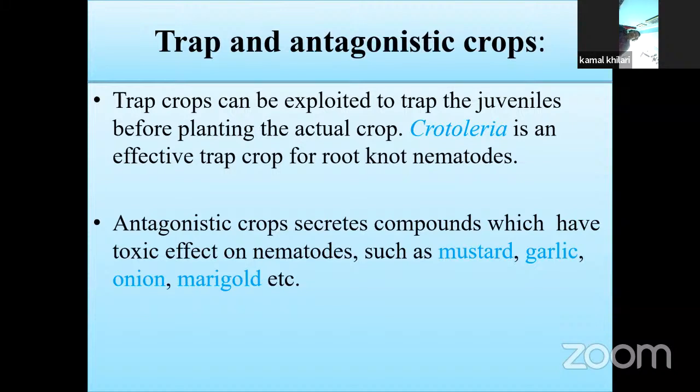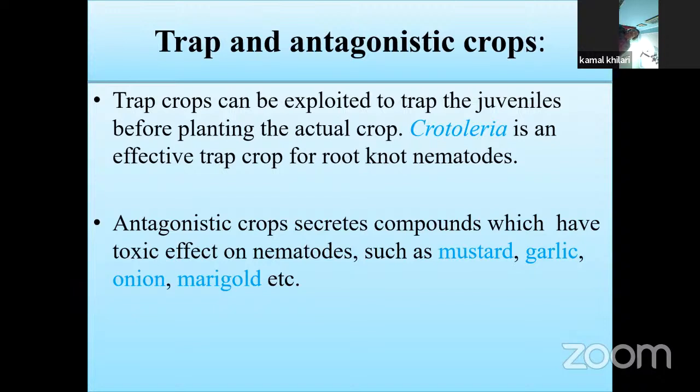So if such types of crops are available, then we can grow these crops in the infested field. If your field is infested with nematode, you grow these antagonistic, meaning harmful, crops in the field. Then by growing such antagonistic crops, we can manage the nematodes.